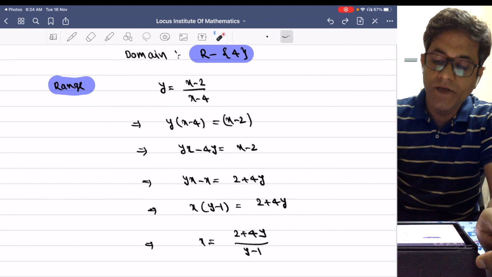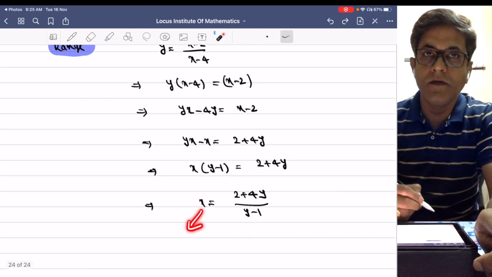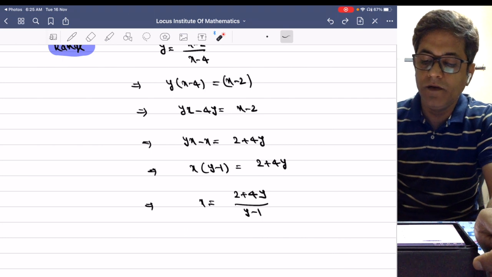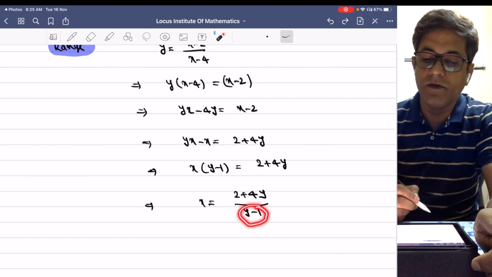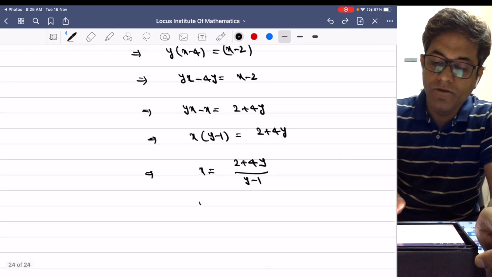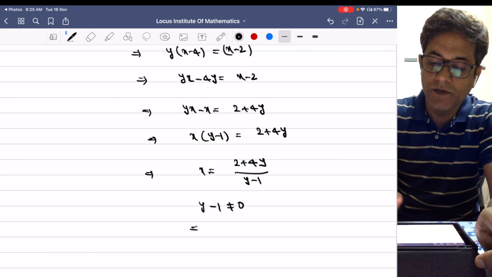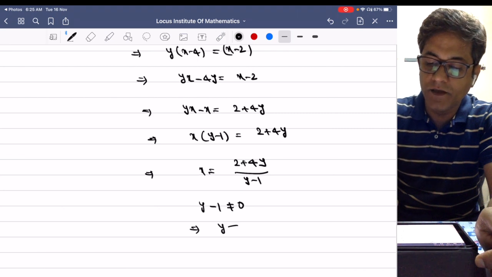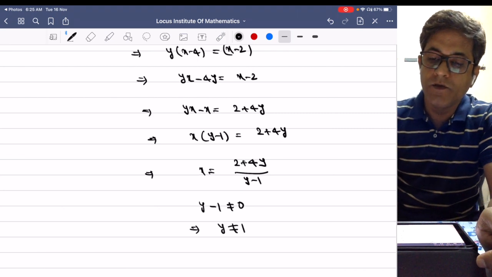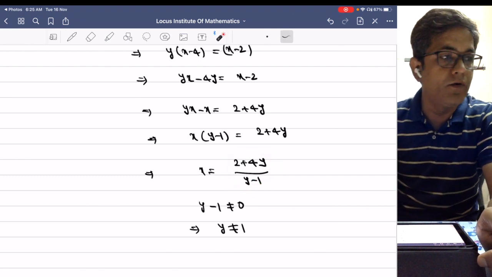So here we expressed x in terms of y, and x is well defined when y minus 1 is not equal to 0. That implies y is not equal to 1. So for values other than 1, all the values of y are allowed.